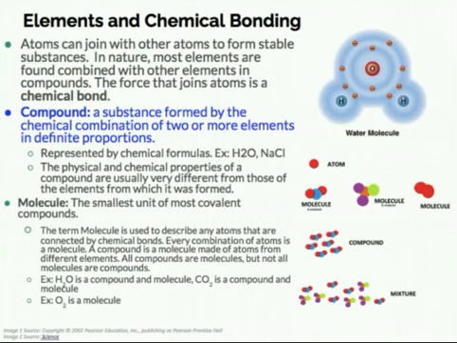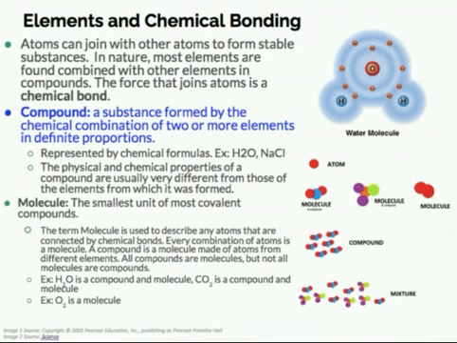The physical and chemical properties of a compound are usually very different from those of the elements from which it was formed. So for example, hydrogen and oxygen, both of which are gases at room temp, can combine explosively and form liquid water. Now this next part: a molecule is the smallest unit of covalent compounds, and the term molecule is used to describe any atoms that are connected by chemical bonds.